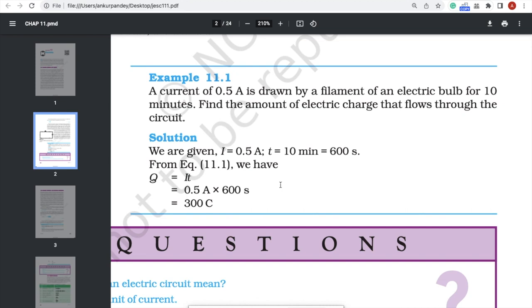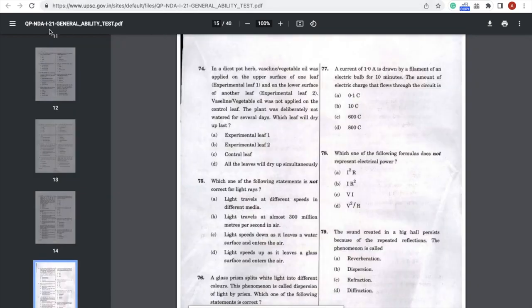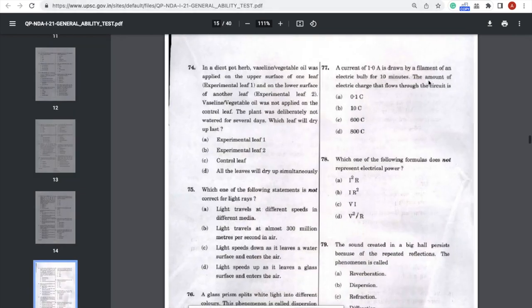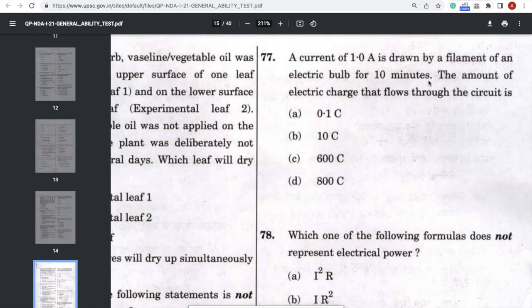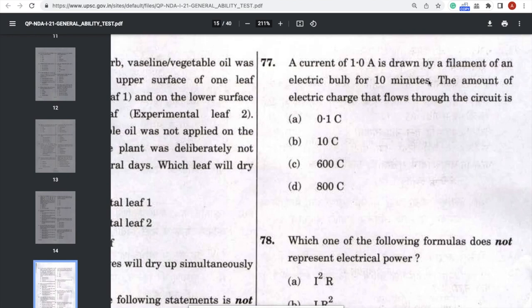Done? Okay, sir. This is the NDA question paper, right? Read question 77. How did it feel, ma'am Akanksha? Miss Akshay, Miss Vavya, how's the feel?